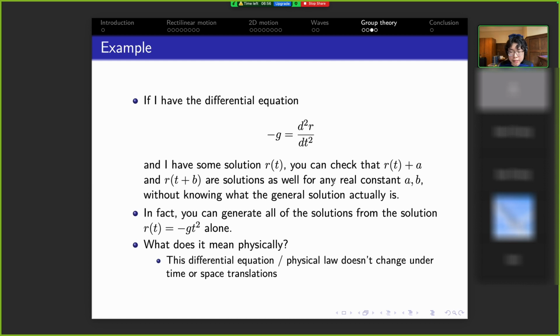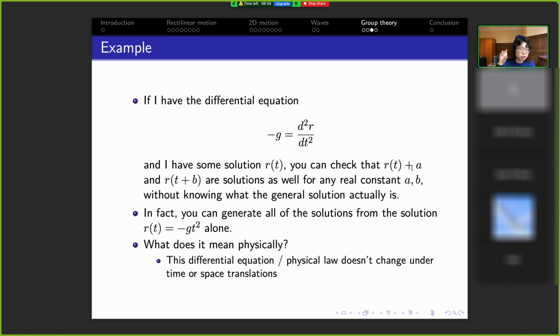What I mean is that if I have some object falling down, and I add 1 meter to this solution curve, it is still going to be a solution curve. It is still a possible physical phenomenon under Newton's second law.